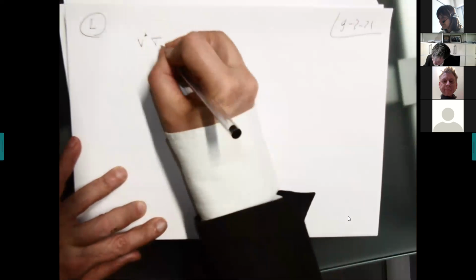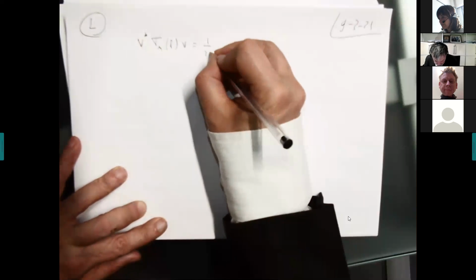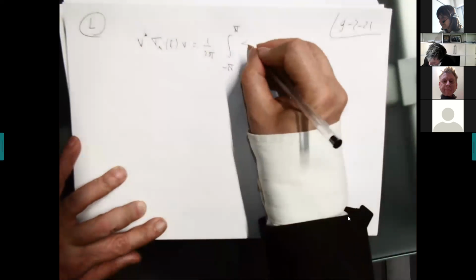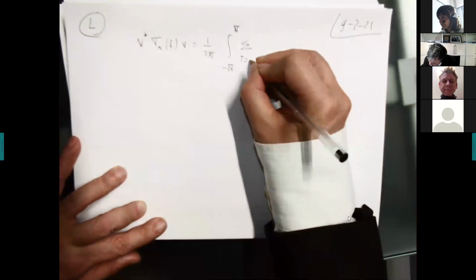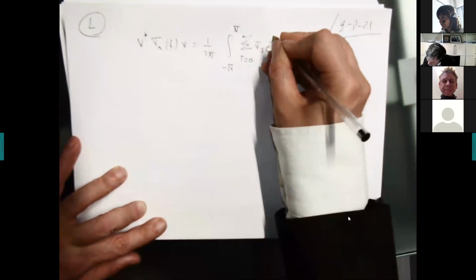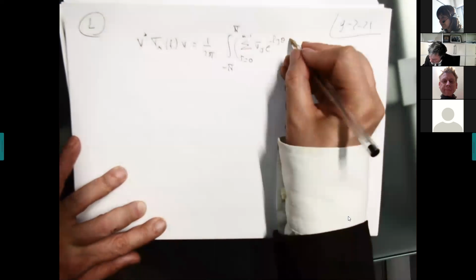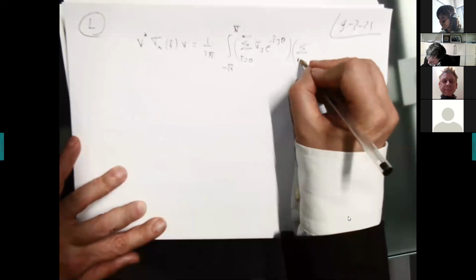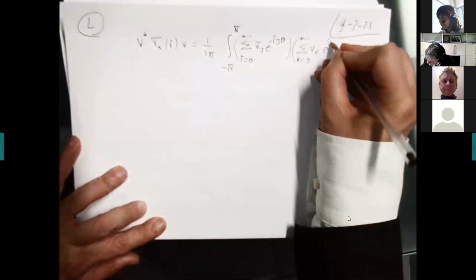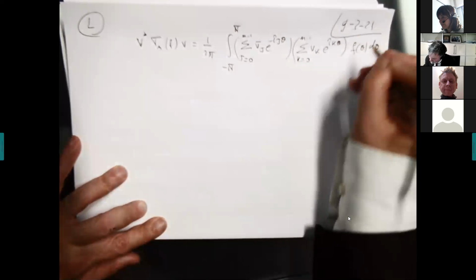So v star T_n(f) v is equal to what? 1 over 2 pi, integral from minus pi to pi. Now I separate the summation from 0 to n minus 1 of b_j conjugate e to the minus i j theta, because this does not depend on k. I can separate the sum over k from 0 to n minus 1 of b_k e to the i k theta, f of theta d theta.